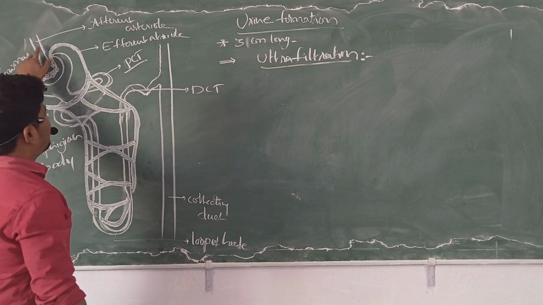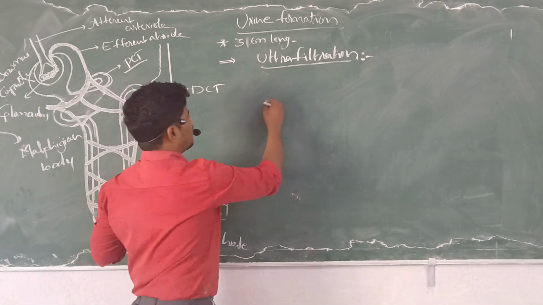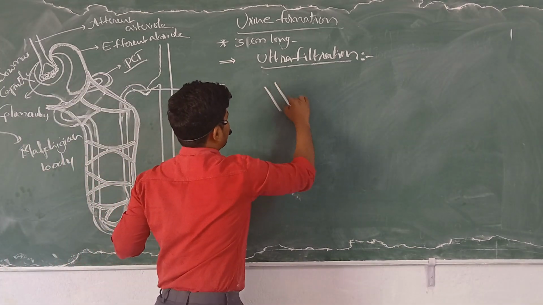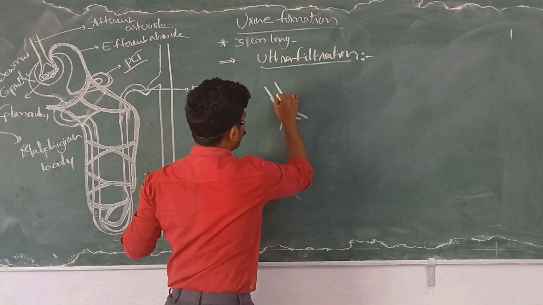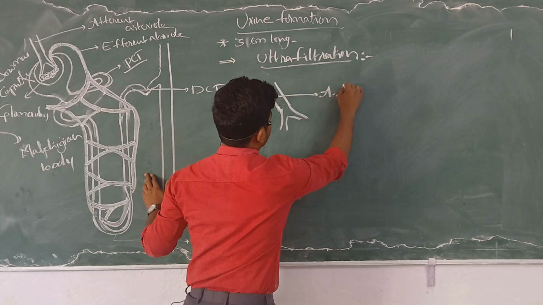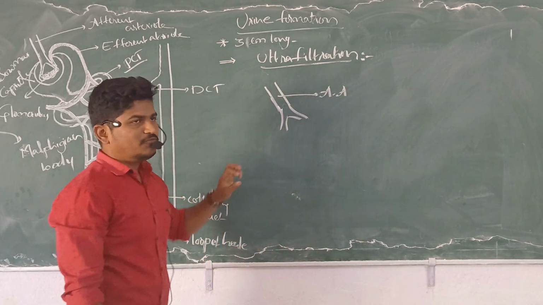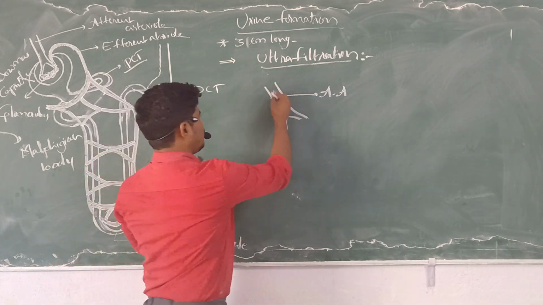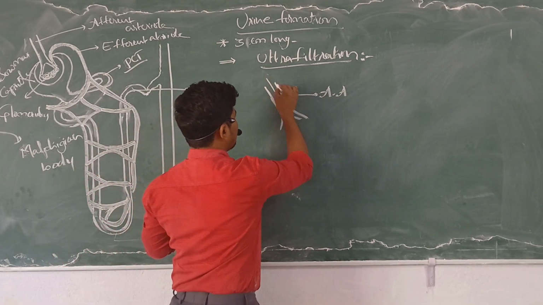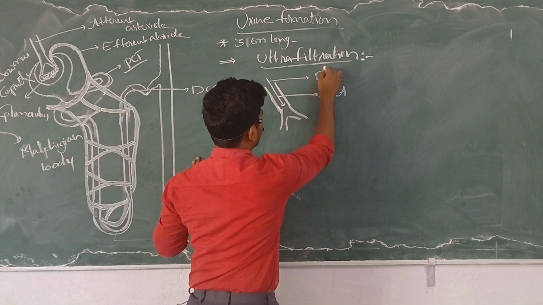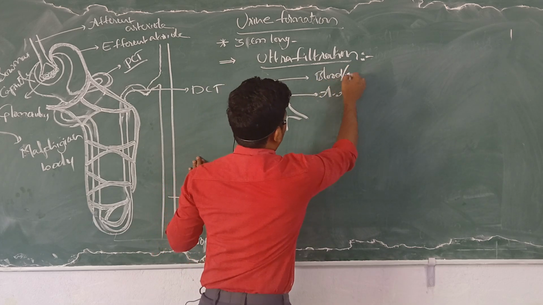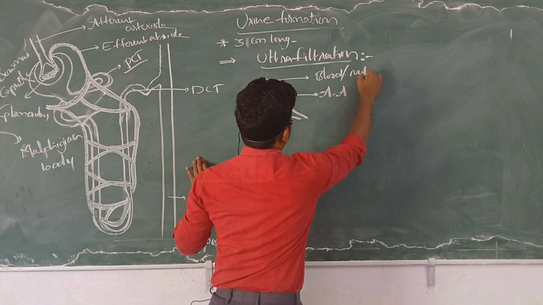From the start, here we have the afferent arteriole. For our convenience, let us draw this out. This part, the afferent arteriole, is wider. As we know, if it is wider, definitely it can carry the blood along with blood cells, nutrients and all.